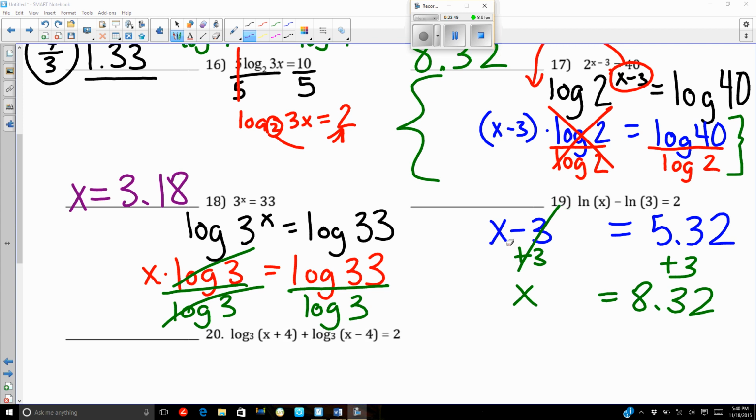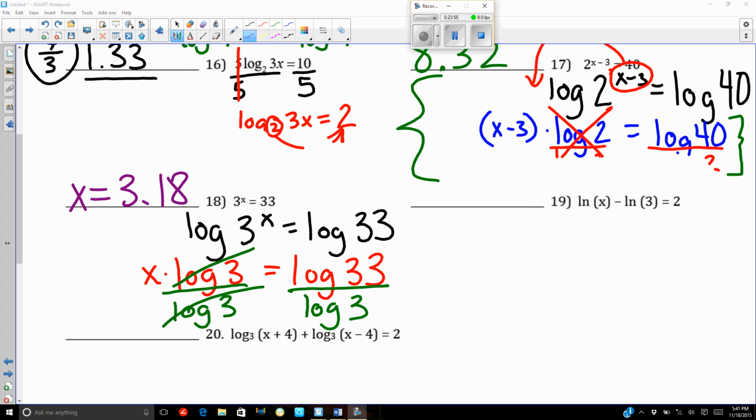All right, last couple of these solving problems. Number 19. So 19's got the dreaded natural logarithms that I think have given some of you guys fits this chapter. So since there are logarithms in the problem, that means we are going to convert this to exponential function form. But before we can do that, we need to combine those two natural logs.